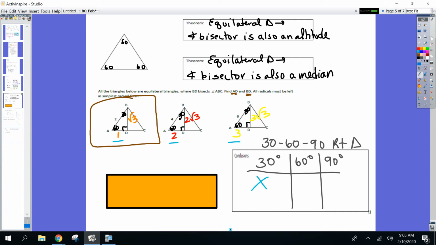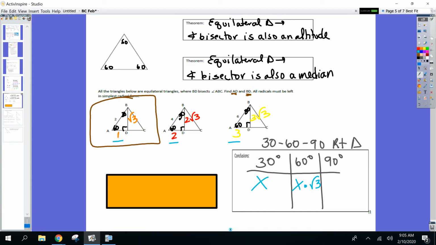If you add 1 to 1, you get 2. And that's radical 3. 2 plus 1 is 3, but that's 2 radical 3. What am I doing to 2 to get to 2 radical 3? That's all I want to know. I take that side and I multiply it by radical 3. We all in agreement there?